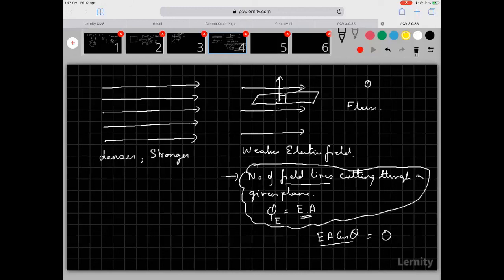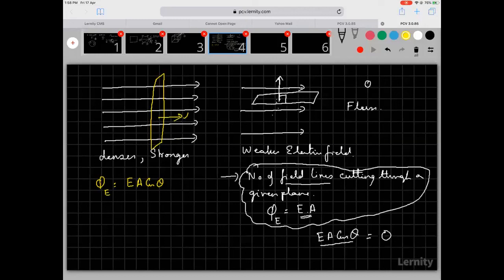Then when compared to this, if I have a plane which is in this way, and now I ask what is the flux through this? Definitely it seems to be all of them, but we don't answer it that way. We will answer that the electric flux is equal to EA cos theta. Now this is 90 degrees perpendicular, that's the area vector.